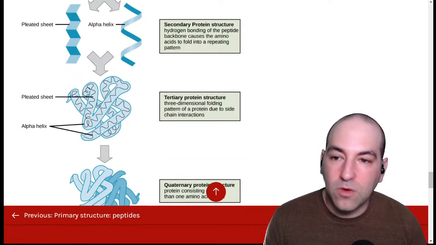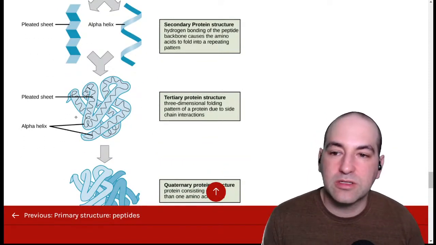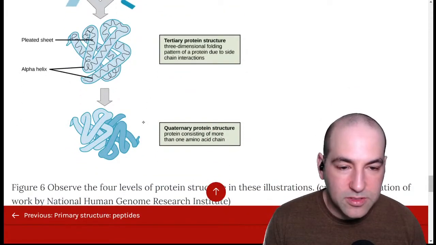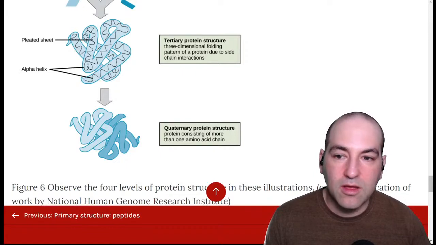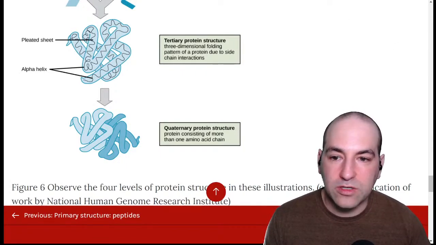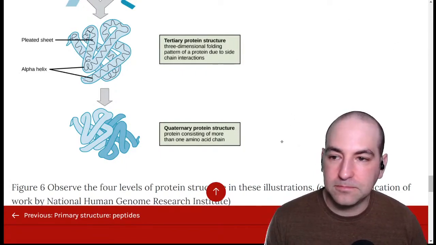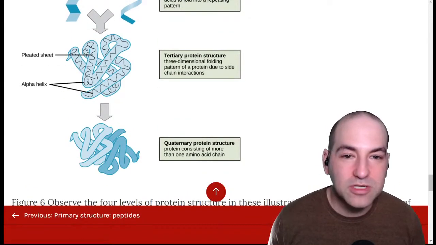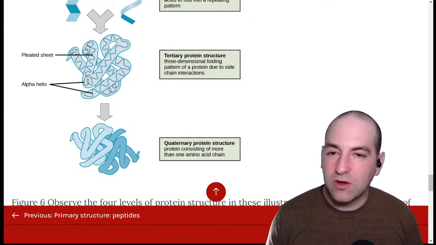Then those things fold onto themselves in 3 dimensions to make the tertiary structure. And then multiples of those could come together and make the quaternary structure. That's the final protein, the way that it would be in your body or wherever.